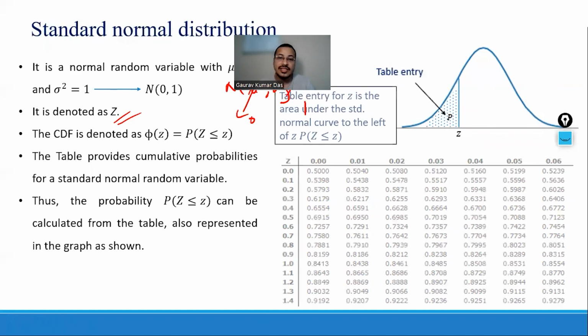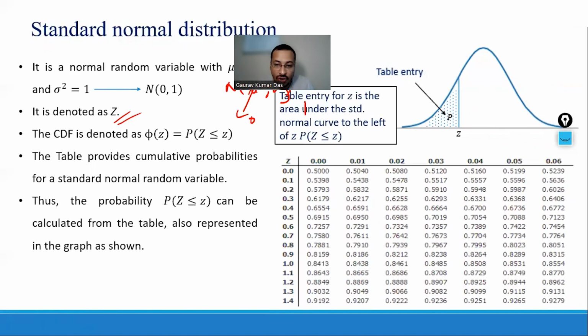And a Z table looks like this. All these entries which you see here refer to the probability, or area under the curve, from minus infinity to that value of X on this graph.